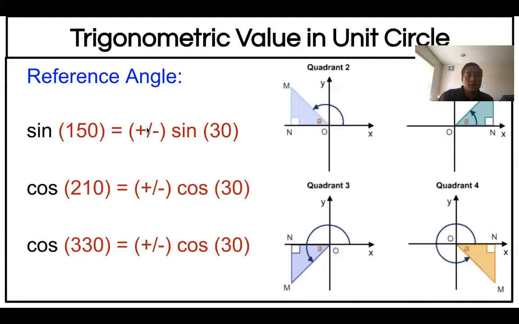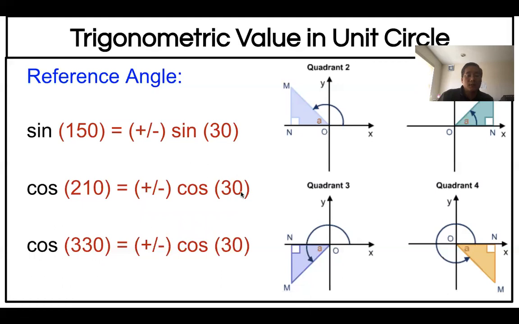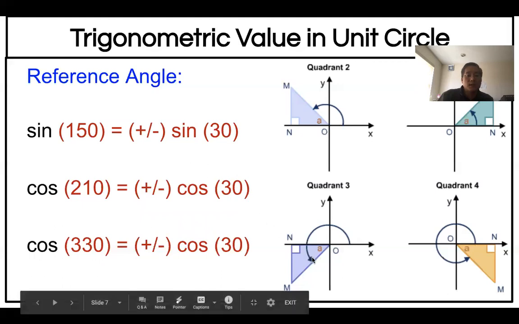The sine is positive. Next is cosine 210 degrees. Here, you subtract 180, then you get cosine 30 degrees. But what is the sign here? All Sin Tan: only tangent is positive. The cosine will be negative. All right?